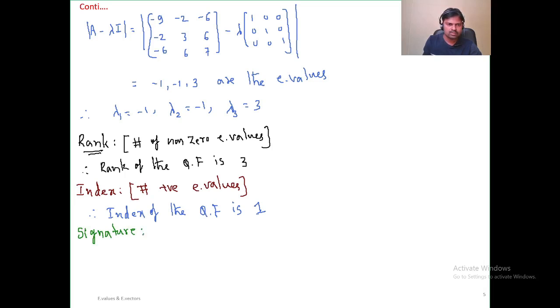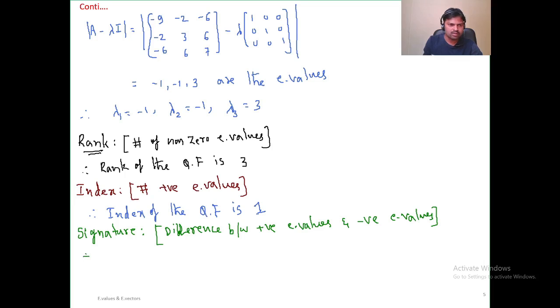Signature is the difference between positive eigenvalues and negative eigenvalues, right?